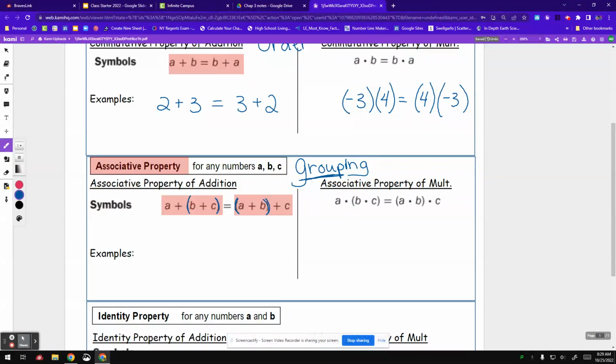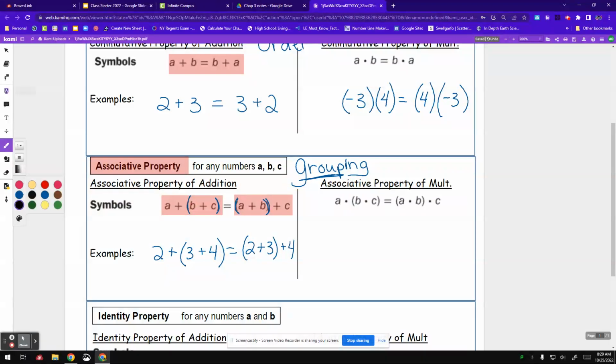Let's try it with numbers. 2 plus parentheses 3 plus 4. I'm going to keep the same order over here, but I'm going to put the parentheses around the 2 plus 3. Now let's see if this is actually true.